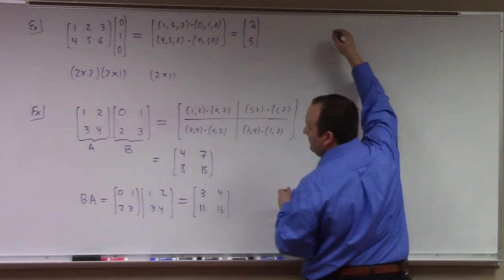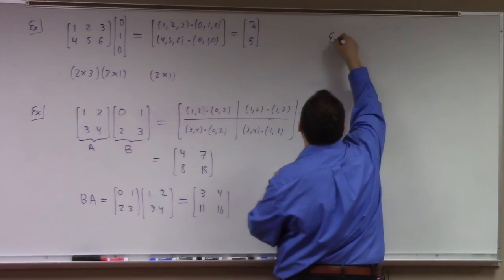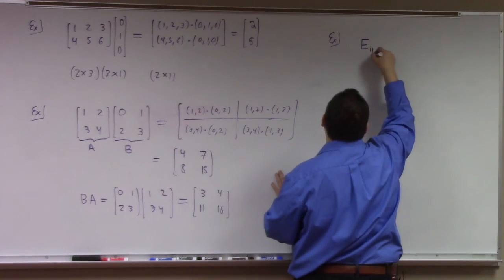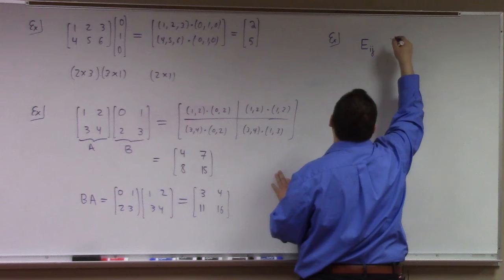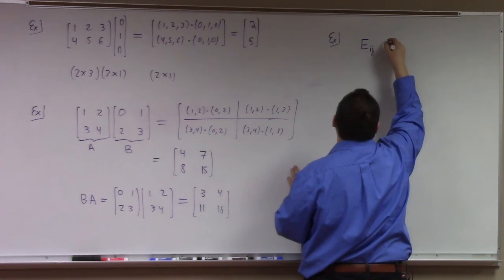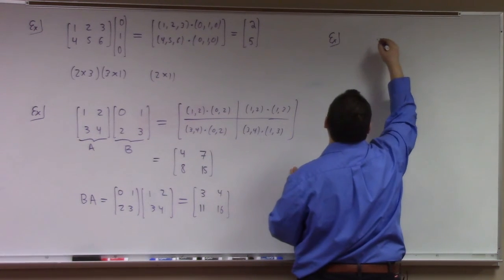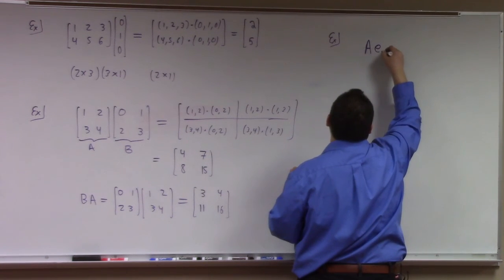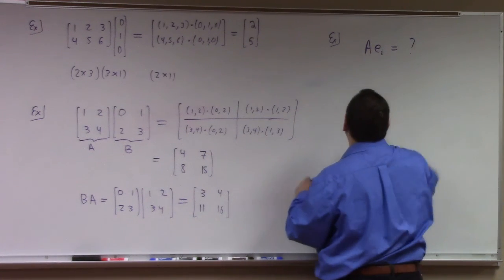Okay, my third example is a little bit more interesting. What if we take E_ij, right, and we multiply it by, let me be a little bit less adventurous, what if we take A times e_i? What's this equal to?